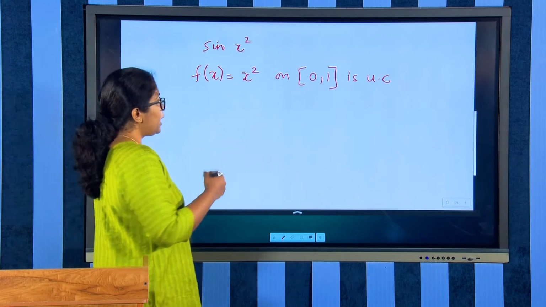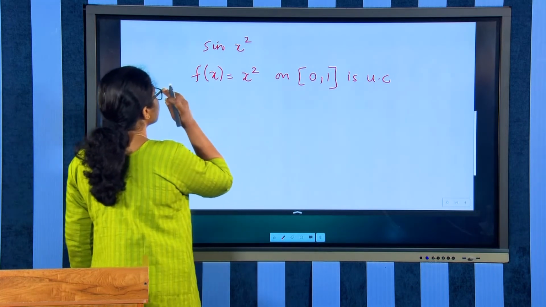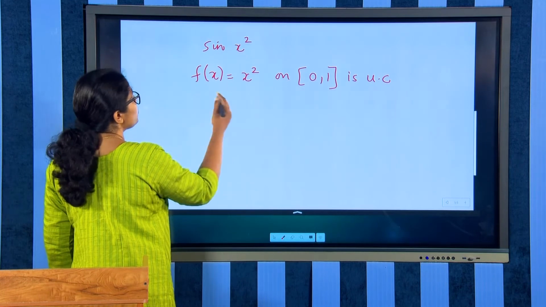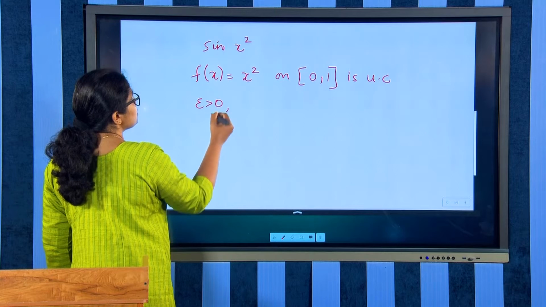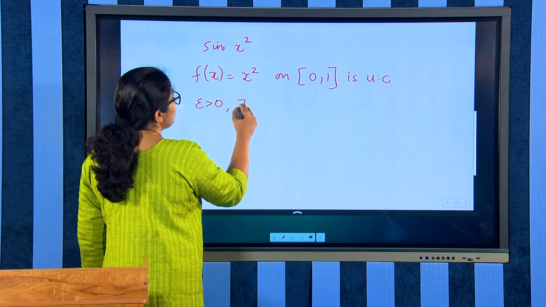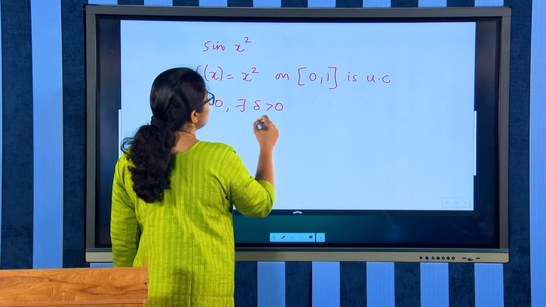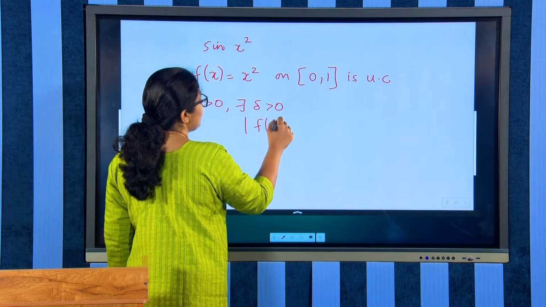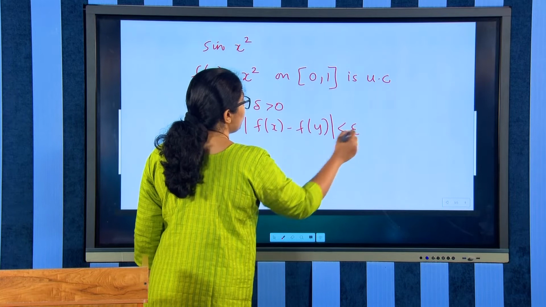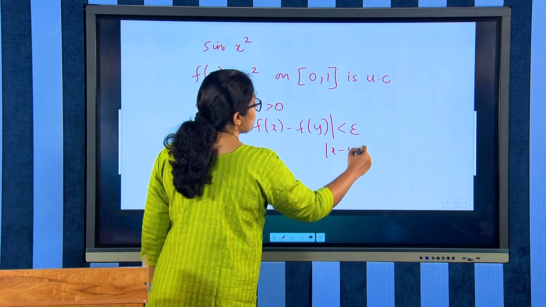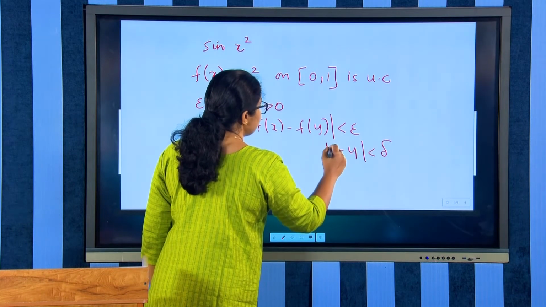So again, taking this example, if we are taking f of x is equal to x square, we can see corresponding to epsilon greater than 0, we need to find a delta greater than 0, for which modulus of f of x minus f of y is less than epsilon whenever modulus of x minus y is less than delta.